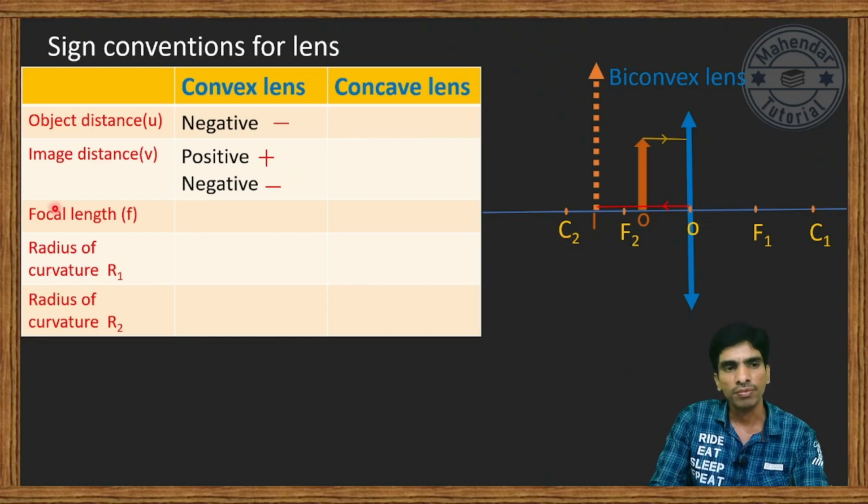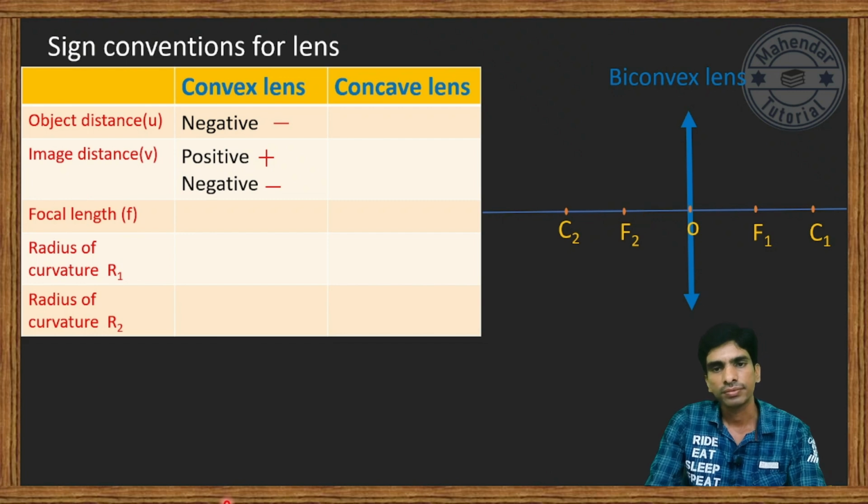Next term, focal length. Now the incident direction is towards right and the focal length O to F1 is also towards right only. So in this case the focal length is taken as positive because both are in the same direction.